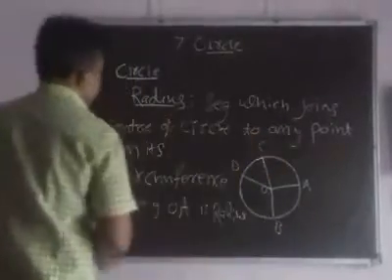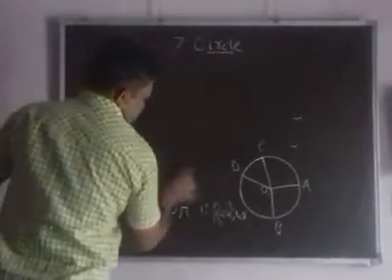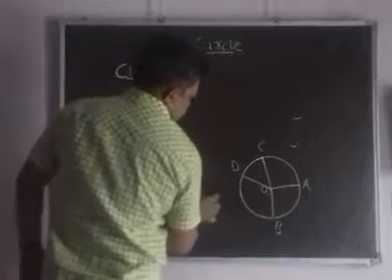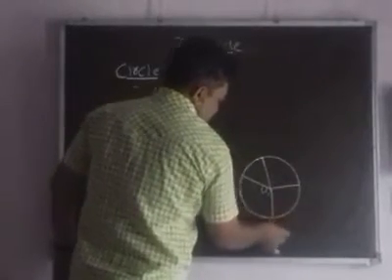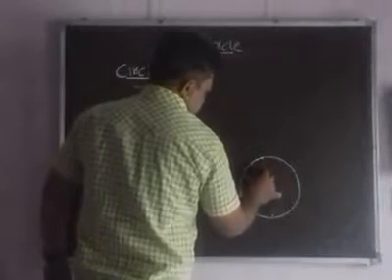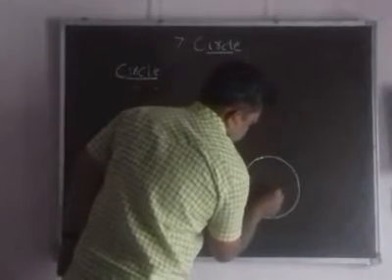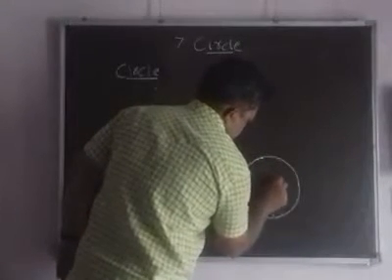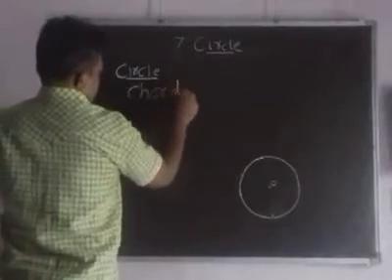Next term, there is chord. What is chord? Just like a radius, another term is there, chord. So this one is a fixed point named as O. Chord. What is chord?